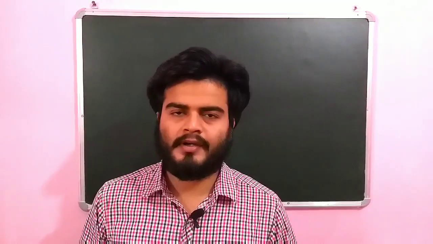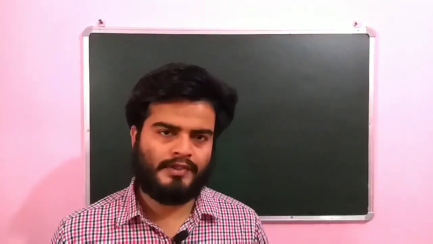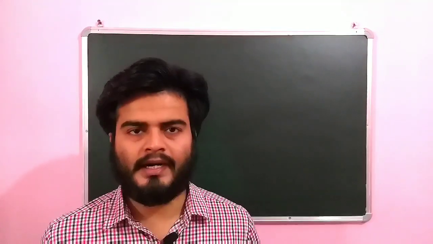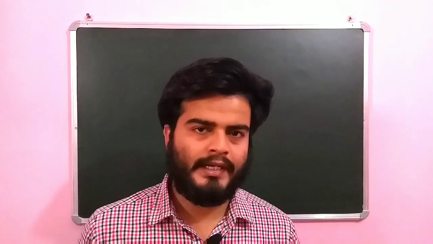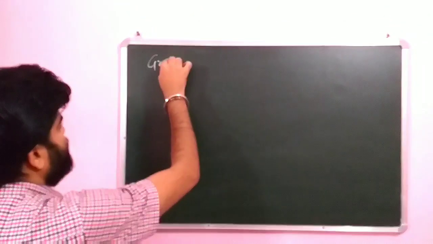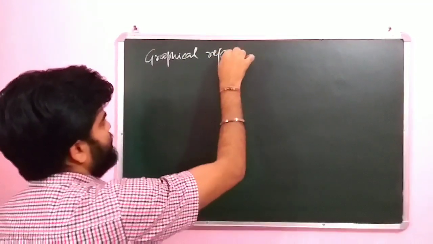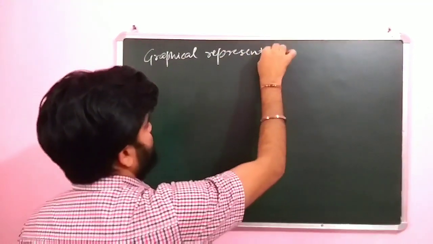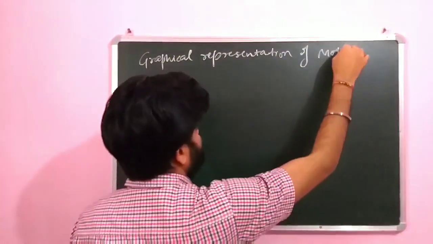Now we will do graphical representation of motion. We will first draw two graphs for distance time, for uniform speed and for non-uniform speed. Let us start with graphical representation of motion.